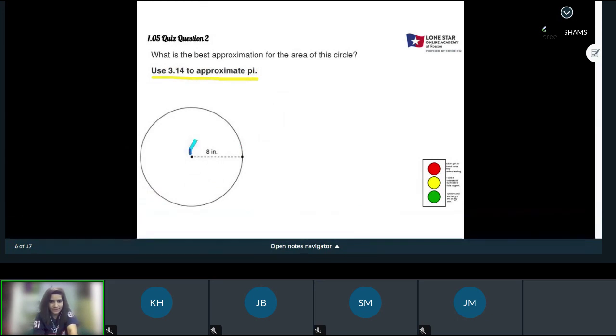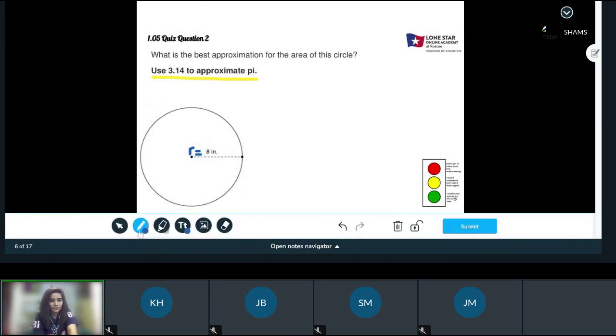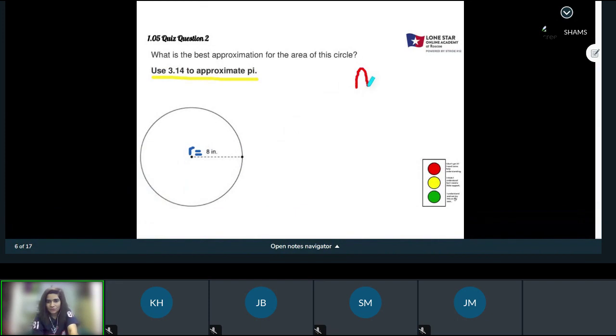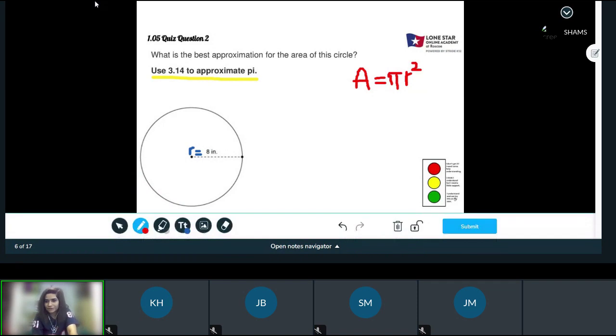Radius is 8 inches. And the formula for finding area of a circle is A equals pi times r squared. This is the formula. Let's see if we can apply the formula to find the answer.